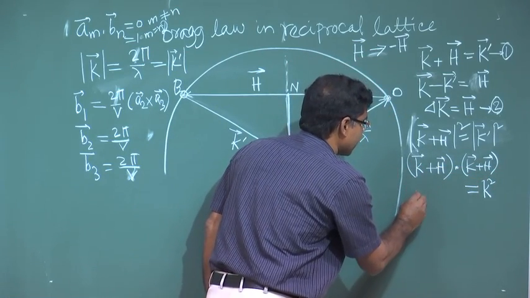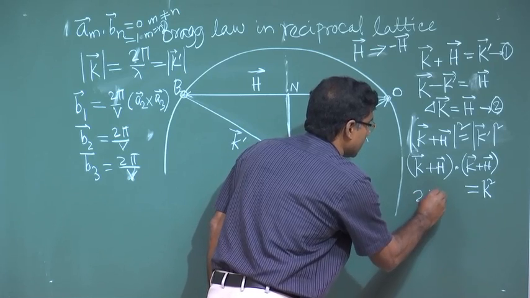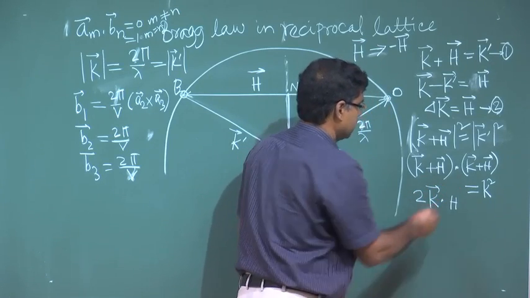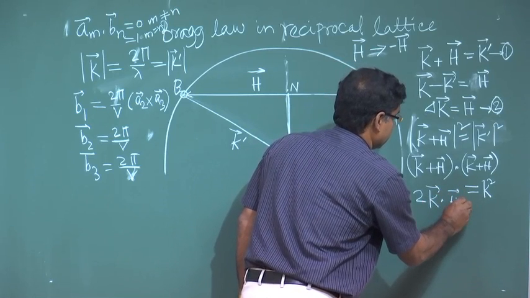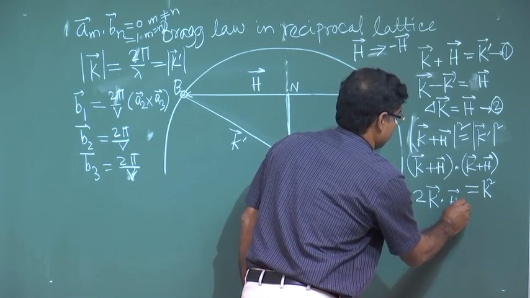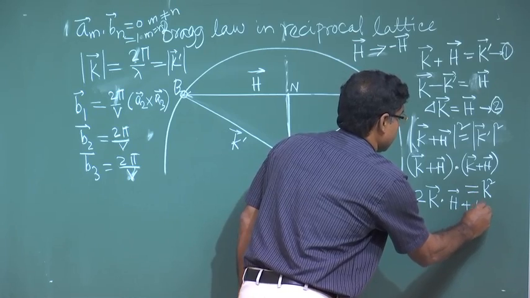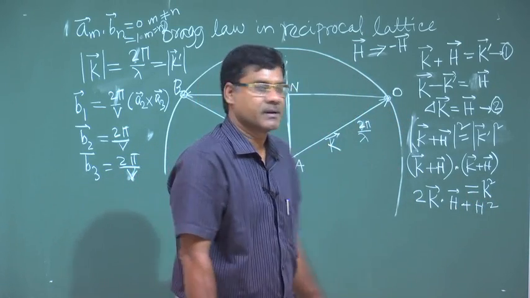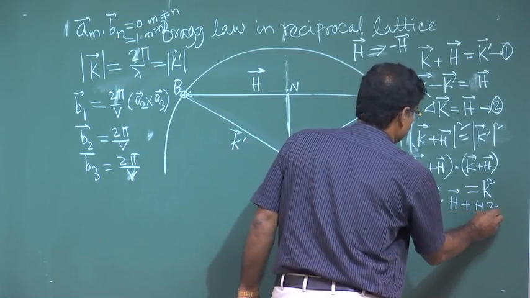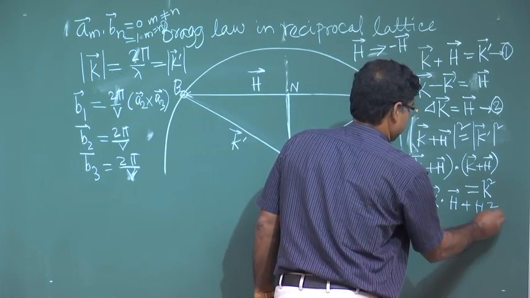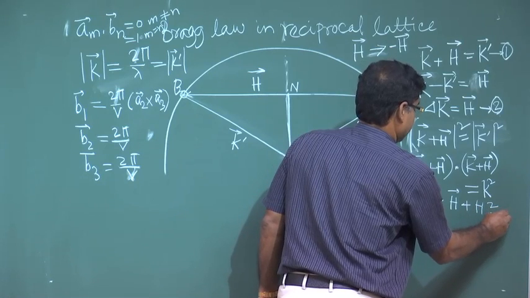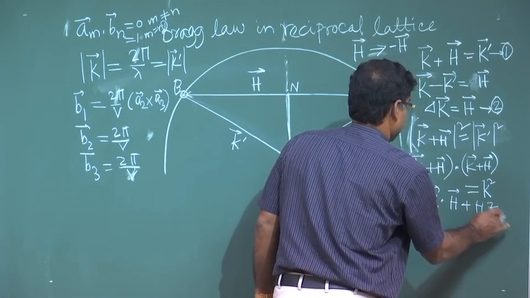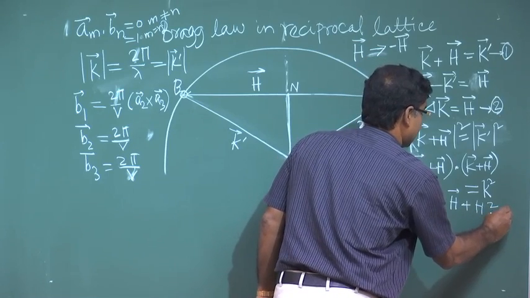So what we will get is 2 K dot H plus H square equal to 0.